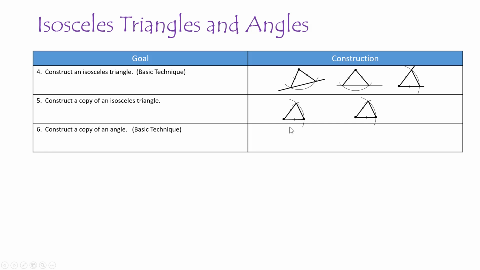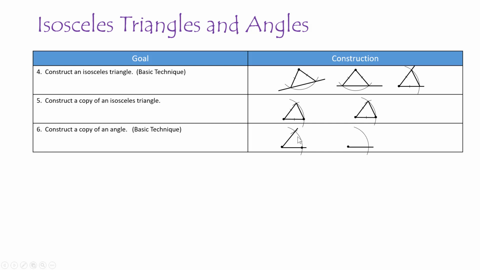Now, the reason I want to show you that is it's very similar to copying an angle. You're just not doing all those steps. So let's start with an angle, and let's draw the first side of the angle over here, and then we cut the sweep through two sides of the original angle, and then we make that same cut.